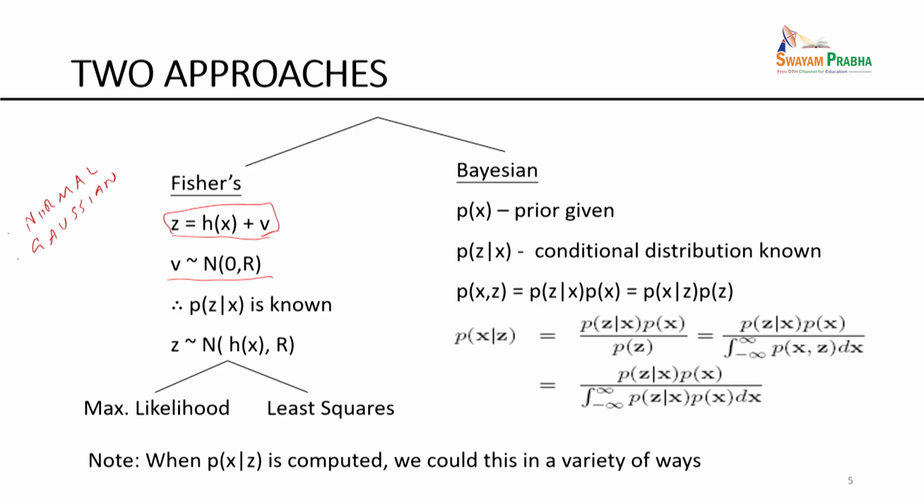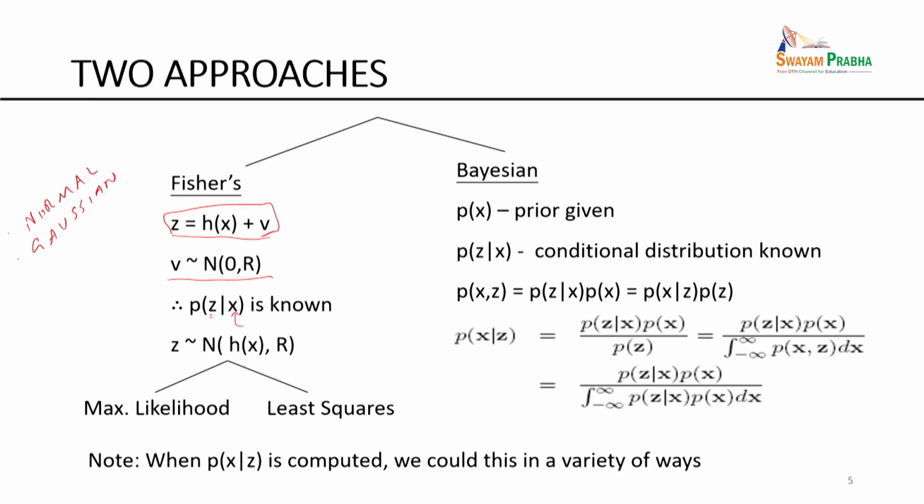But z is not equal to h of x. In the deterministic analysis, z equals h of x. In the statistical analysis, z is equal to h of x plus v, so the noise is corrupting the observation. Since Mother Nature has already picked x but did not tell us, we can now ask what is the distribution of the observation given x.